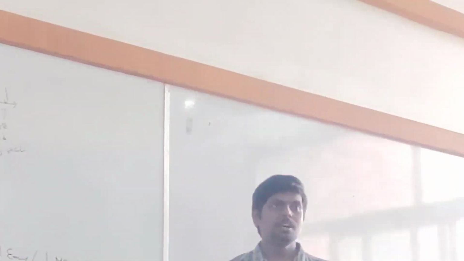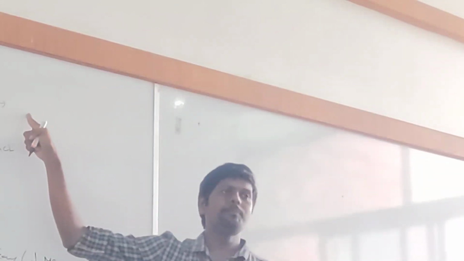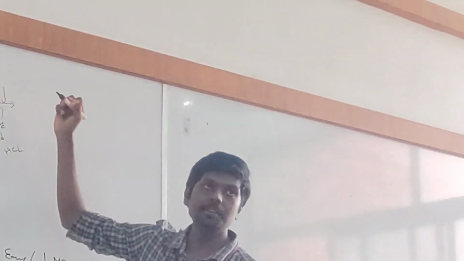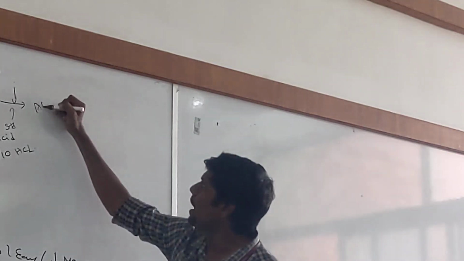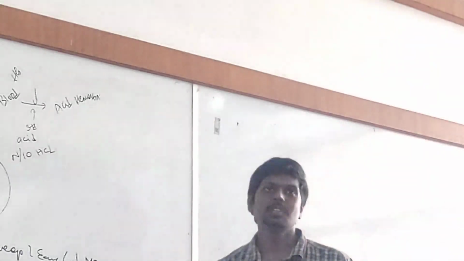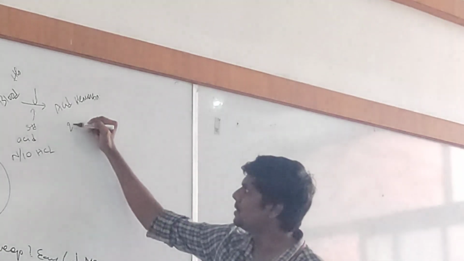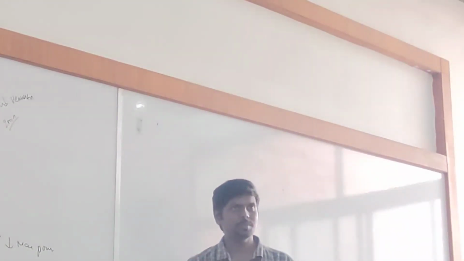I added acid to the blood. Now this acid combines with hemoglobin, forming a substance called acid hematine. Within 2 minutes, you will get acid hematine formation in the test tube.